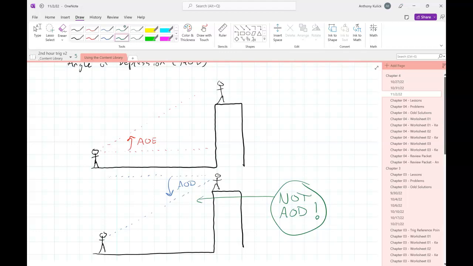It's between the person's line of sight and what they're now looking at. Okay? We'll do an example. We have some example problems coming up in which we're going to see that specifically. But I wanted to prep you on that, is that there is a big difference between those two locations. And it is a really common mistake, particularly in this class.